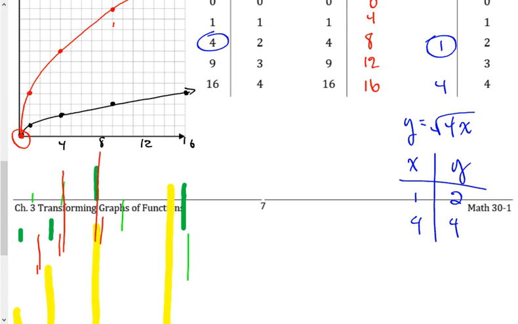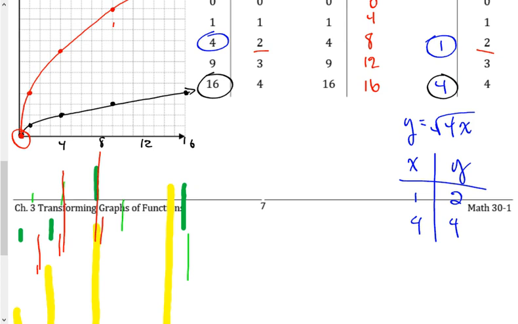So notice for both of those, I have the y value of 2. So I'm looking at what's the relationship between those two. That's the same as the relationship between those two. What's happened to the x values? It becomes a fourth.